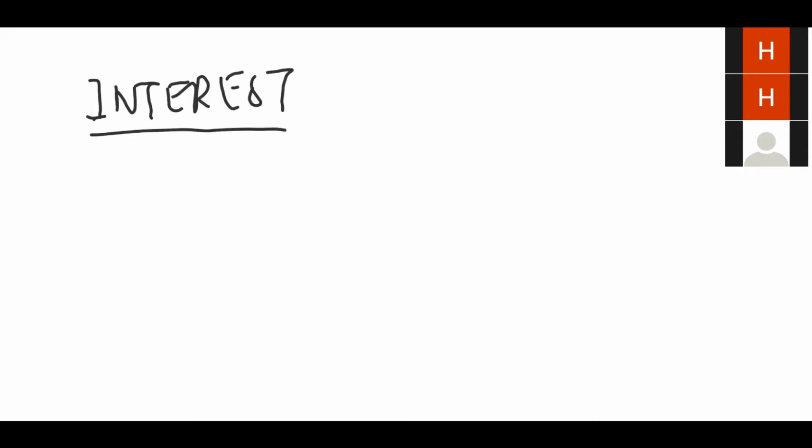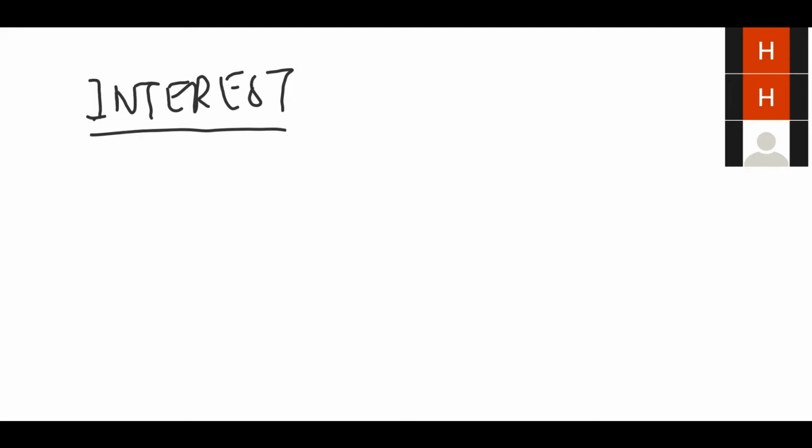Now, moving forward with the chapter, we have another concept, which is interest. So, what is interest? Interest is defined as the money added by the bank to the amount deposited by its customers. So, interest is the extra amount that the bank adds to the value that you've deposited in the bank.